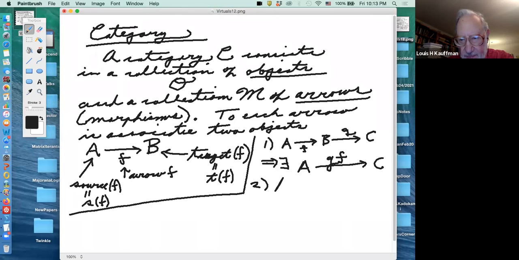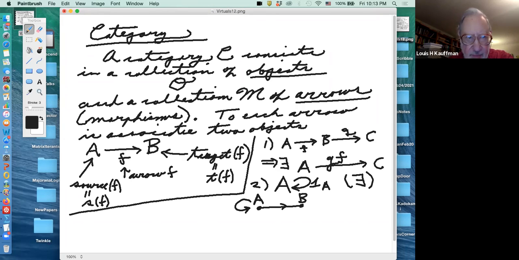Given any A, there exists an arrow 1 sub A. And for the composition, suppose you had A, and you had a map from A to B. And you also have the map from A to A, the identity map. Let me draw it not quite so circularly so that we can think better.